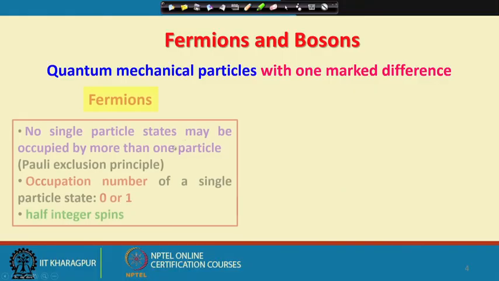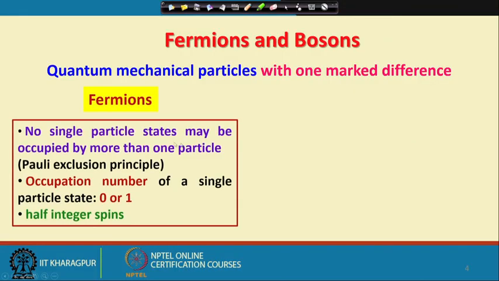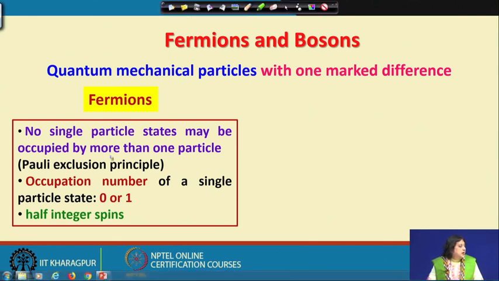The first one, fermions: it is said that if you have a system comprised of fermions, then no single particle state may be occupied by more than one particle.